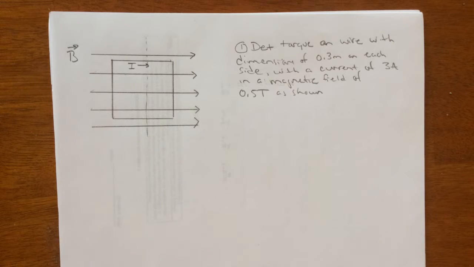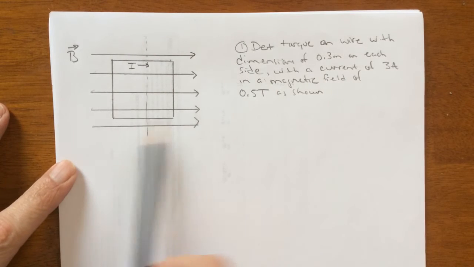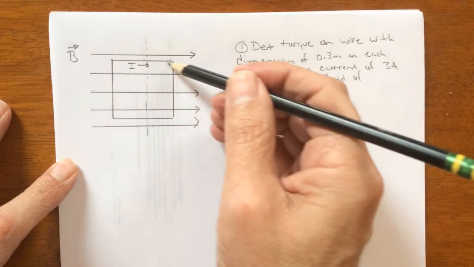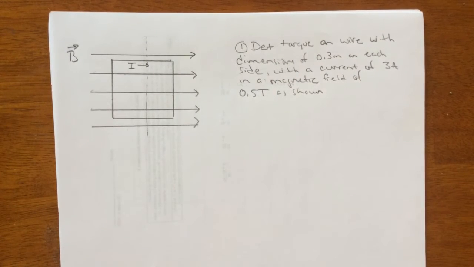Now, again, it's not our problem to figure out how we get a square loop of wire. That's kind of a common term, a square loop of wire. How we get that charge to flow, it's not our problem. So here we've got a B field going from left to right. We've got a current going clockwise. And so we know it's going to generate a force.